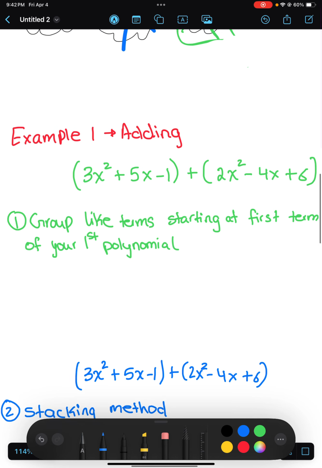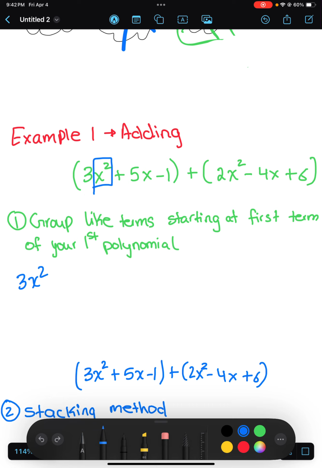So let's do the first method, which is group like terms starting at the first term of your first polynomial. So my first polynomial is this, the first term is this. Let's see, so I have 3x squared. Let's see if I have another x squared in my first polynomial. I do not.